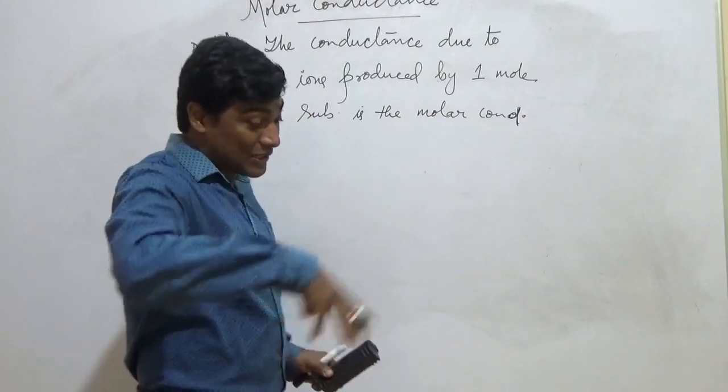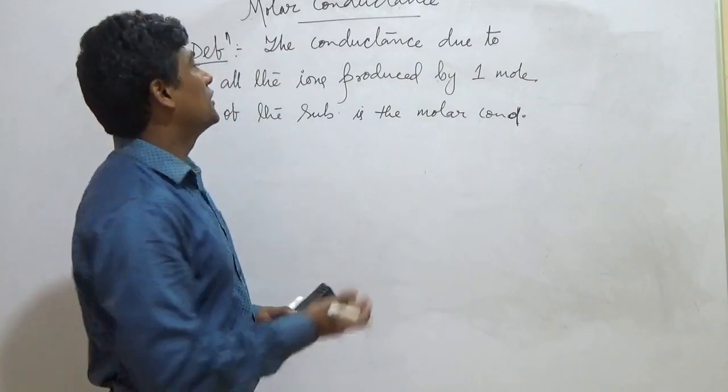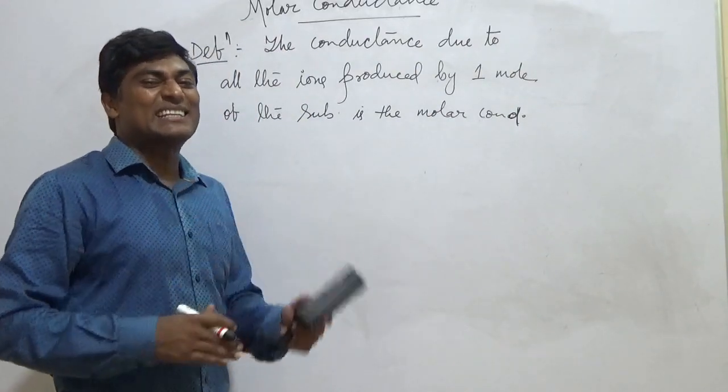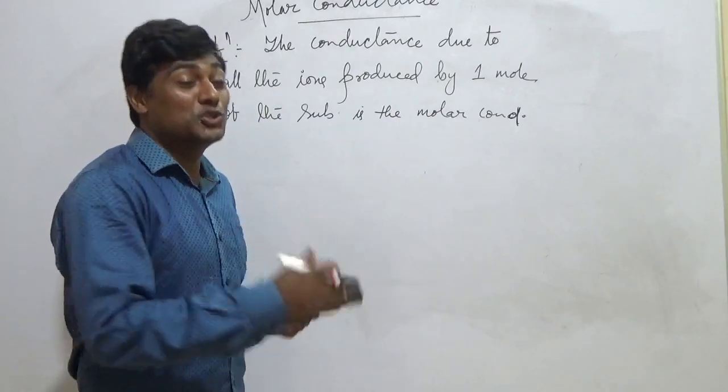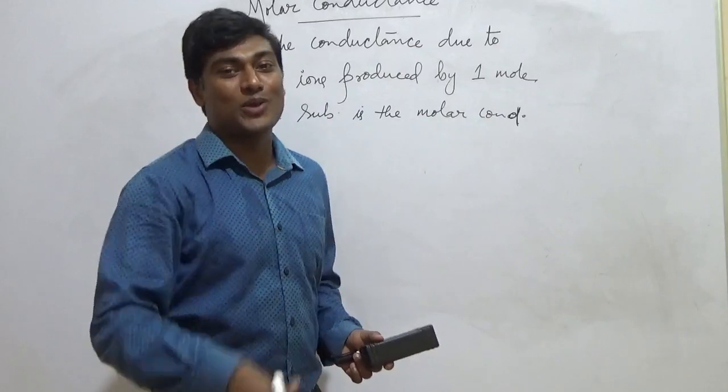Now the conductance due to all the ions produced by 1 mole of the substance is called your molar conductance. And now it's simple to have a relationship between the specific conductance and molar conductance.